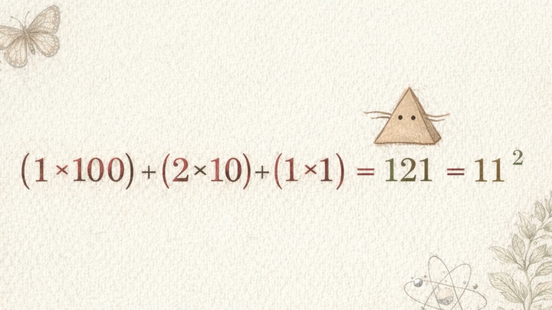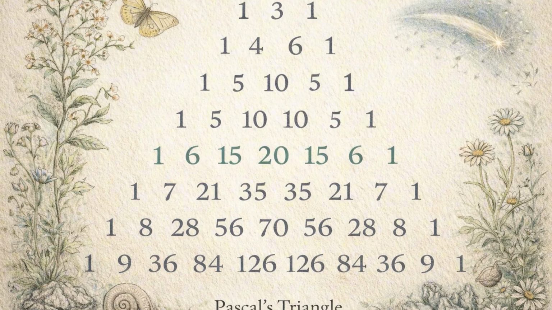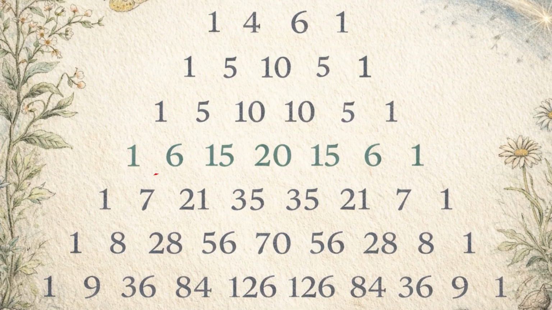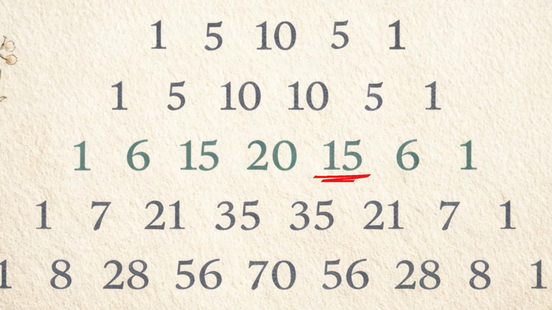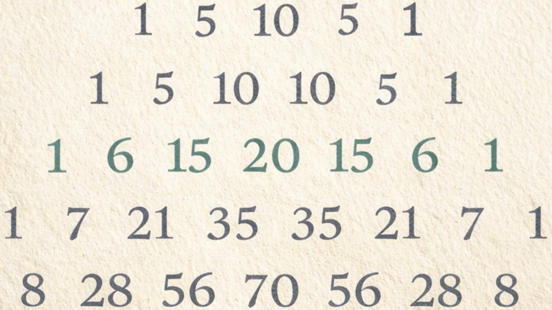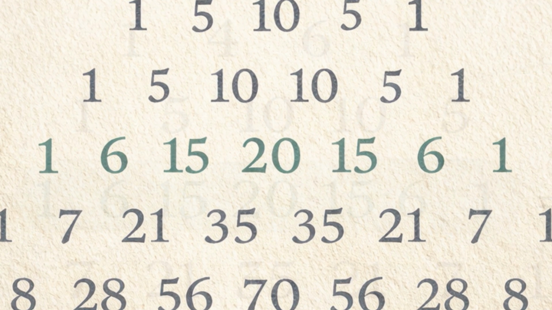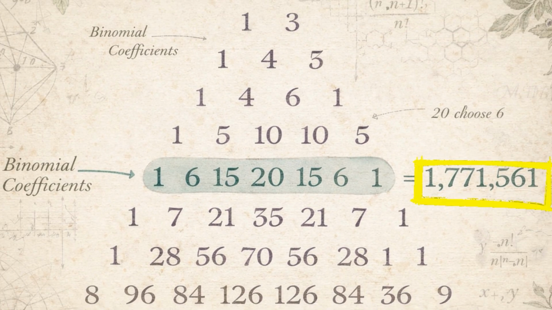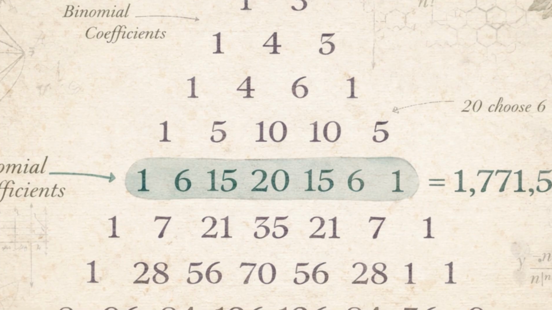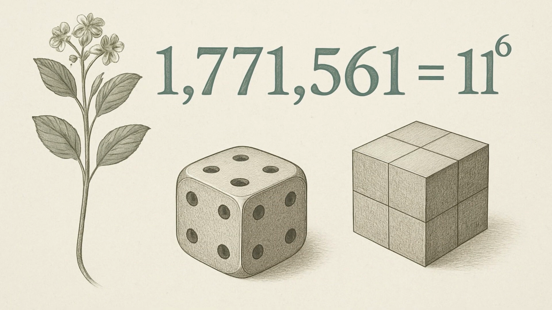Now, let's look at a deeper row. The one that contains the numbers 1, 6, 15, 20, 15, 6, and 1. If we carefully combine these numbers according to their positions, we obtain the number 1,771,561. And once again, this turns out to be 11 multiplied by itself 6 times.